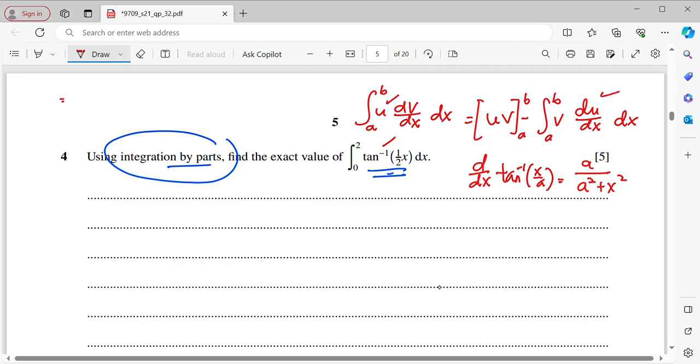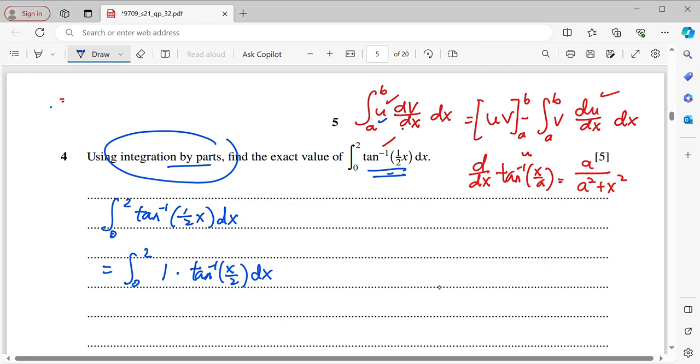That means this must be u so that you can differentiate. So now from here I will write integrate 0 to 2 inverse tangent half x dx. Okay, it is same as integrate from 0 to 2 1 times inverse tangent x over 2 dx. Right, because for integration by parts, it must have two terms, u and dv dx. So the other term must be 1 in this case.